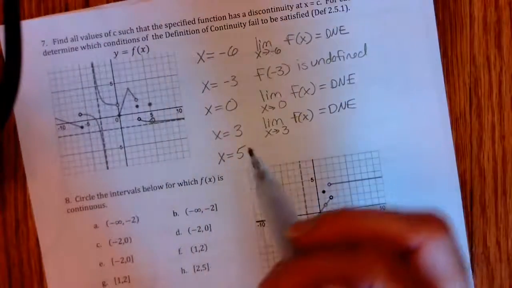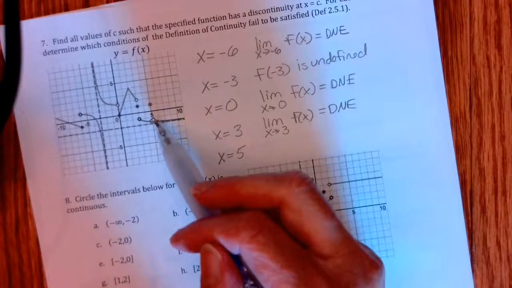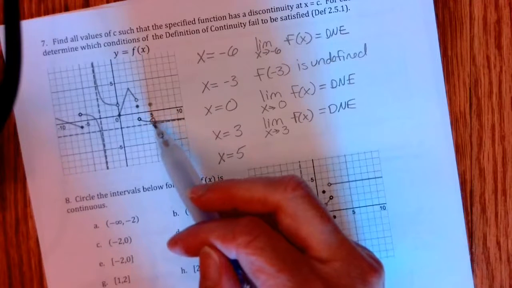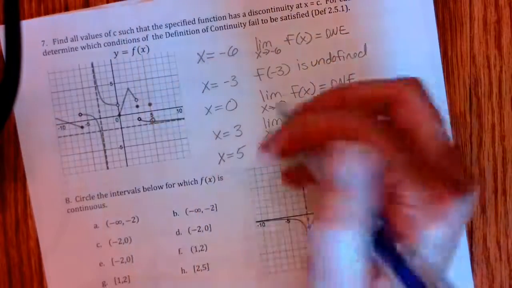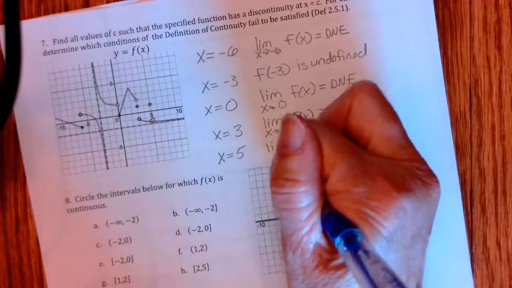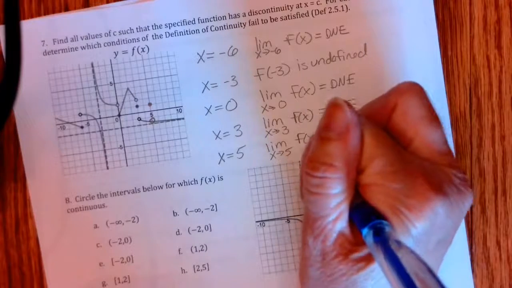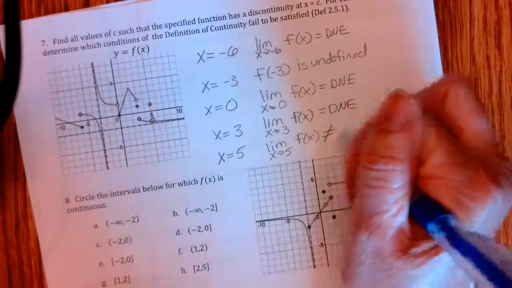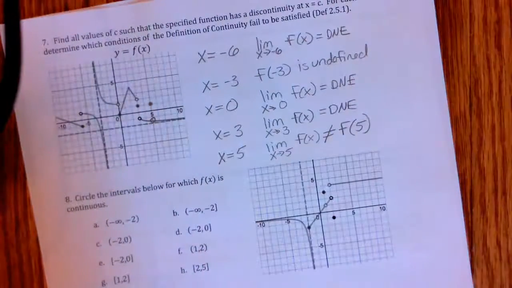And it is defined here at 5, 1. My limit is approaching the same height, so step 2 is okay. But removable discontinuities fail step 3. The limit as you approach 5 of f of x doesn't equal the function's value at 5.